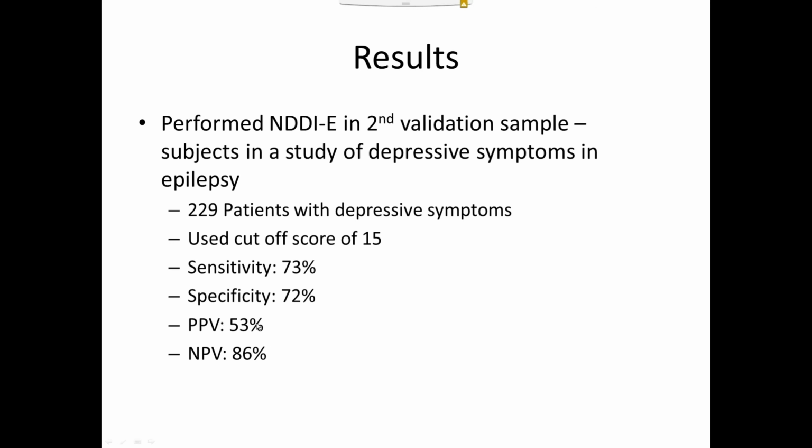So using this cut point, they were able to weed out most, but not all, of the people who actually weren't depressed. But there were still people who scored above 15 on the test that, in the end, were not depressed.